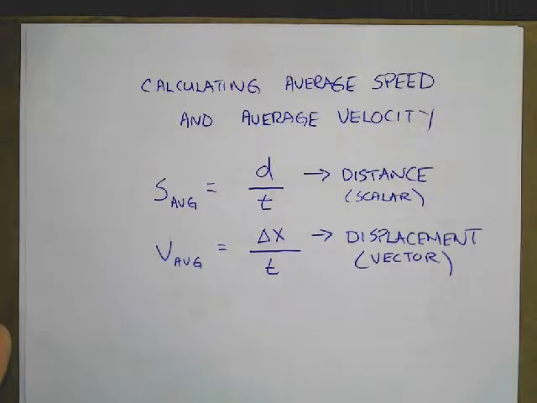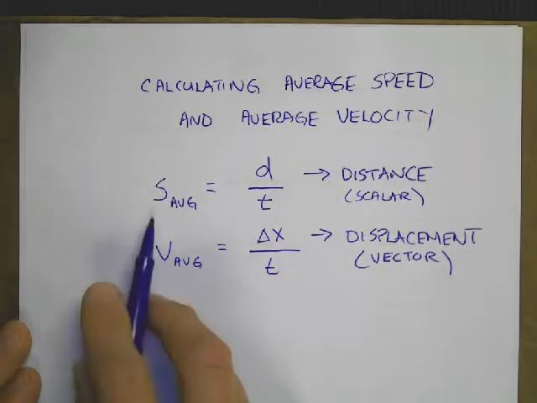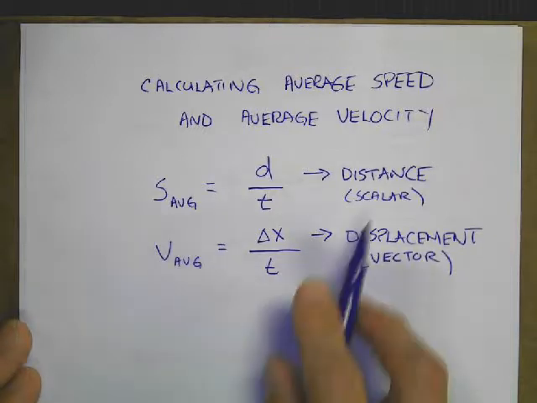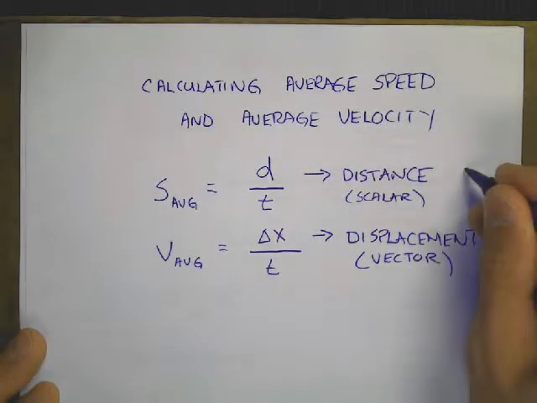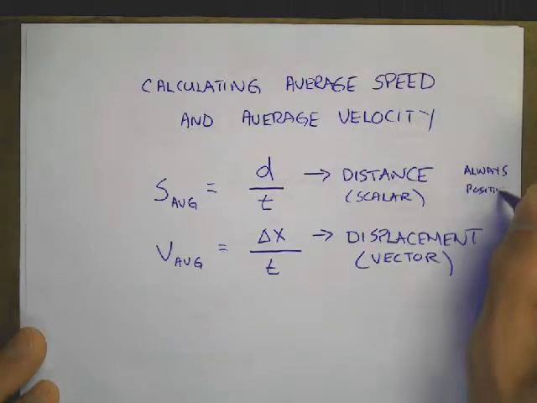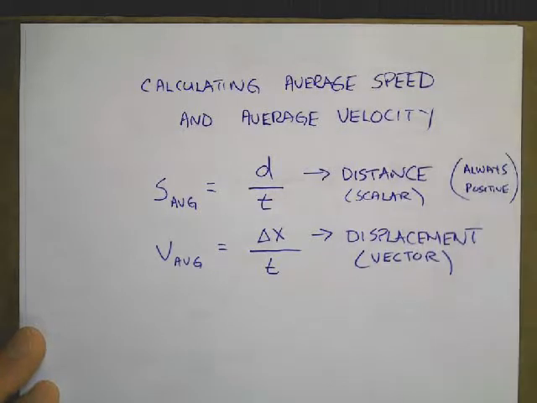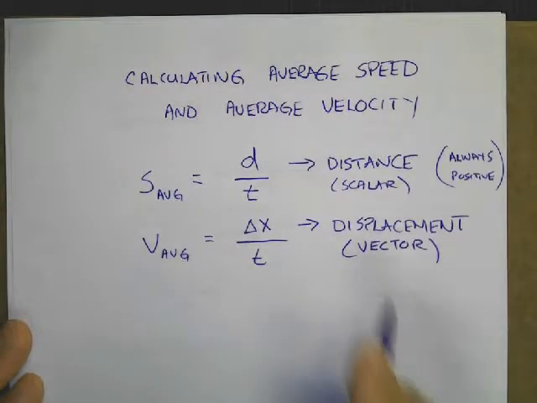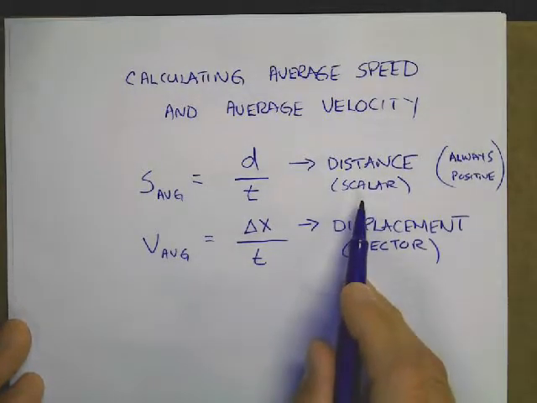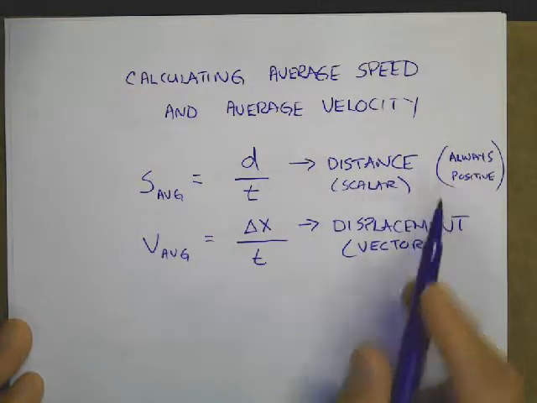So one of the things that we're going to say about this is that these numbers can be different, and they represent different things. Average speed is going to be a scalar quantity. It's basically always positive. And that's because it doesn't make any sense to have a negative number for a scalar, okay? Because there's no direction there.